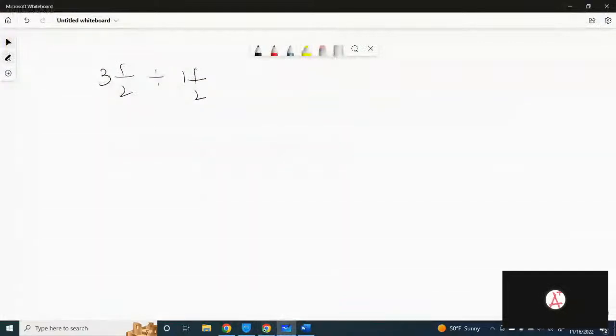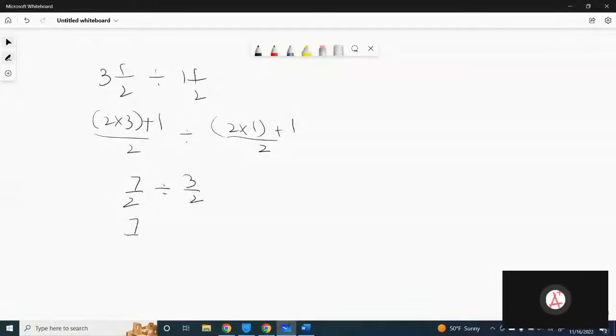It would be 2 times 3 plus 1 over 2, 2 times 1 plus 1 over 2. It would be 6 plus 1, 7 over 2. And then 2 times 1 is 2 and plus 1, 3 over 2. Now just replace the division sign with the multiplication one and you have 2 over 3. Got it?